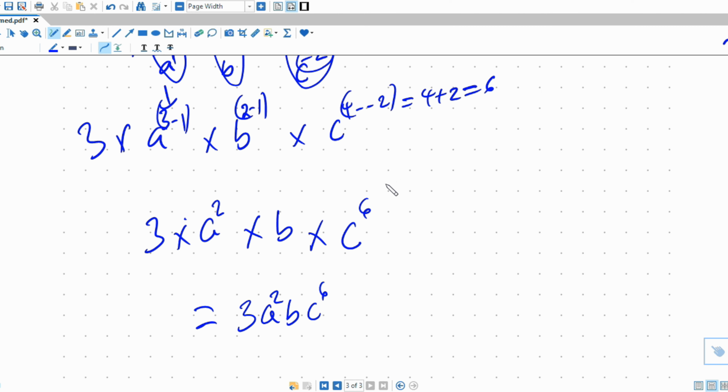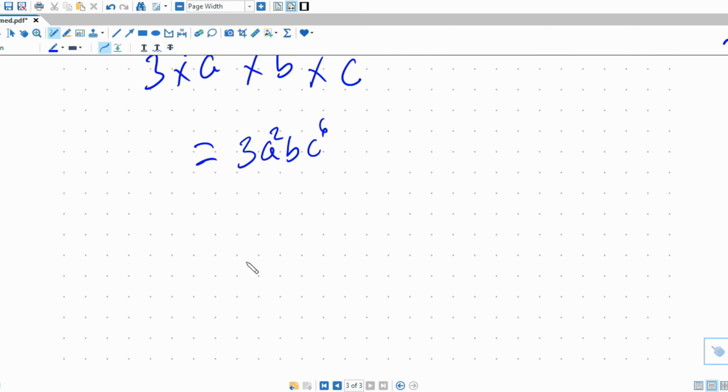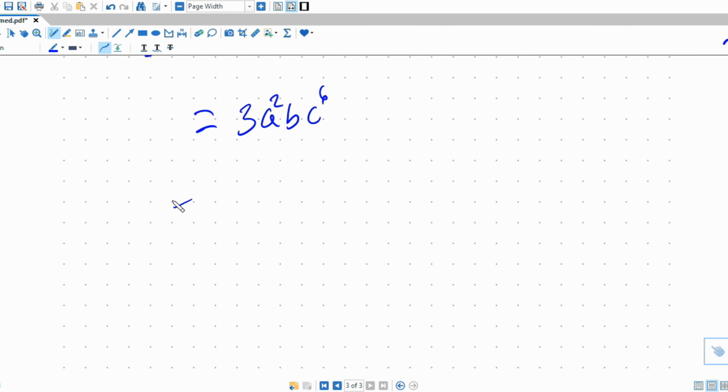There is one more thing I would like us to consider under the quotient rule.